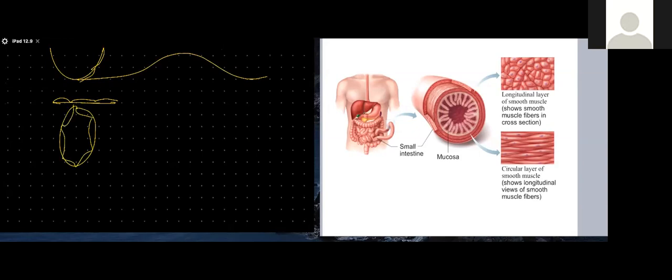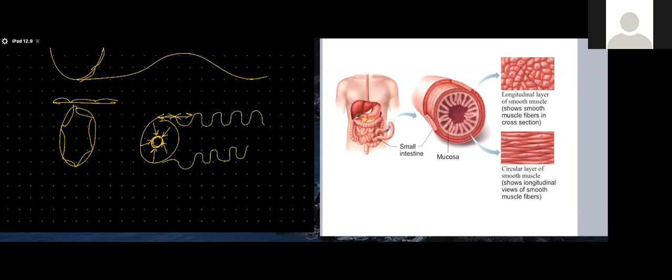So how is the circular muscle layer going to be contracting? It constricts, reducing the diameter, like this. Compared to the longitudinal muscle layer, when you contract and relax, this allows peristaltic movement in the wall of the organ.